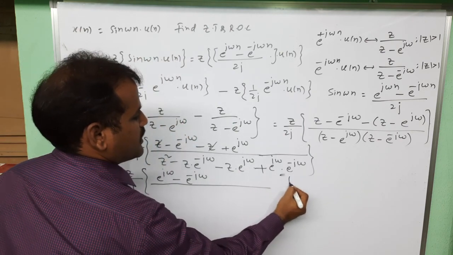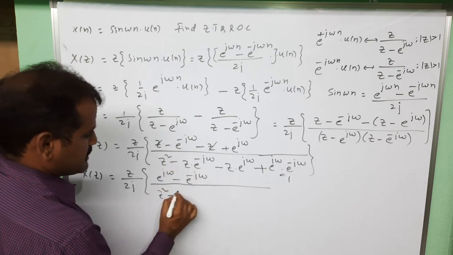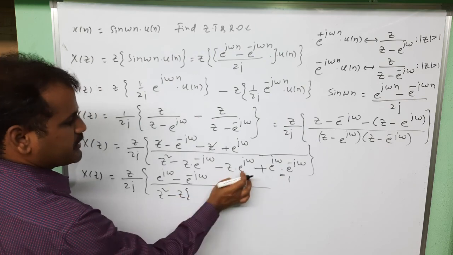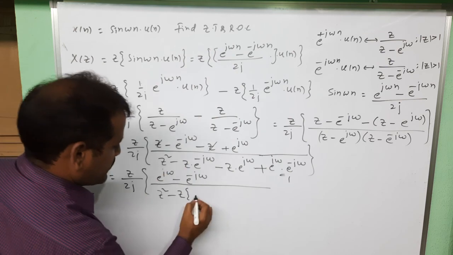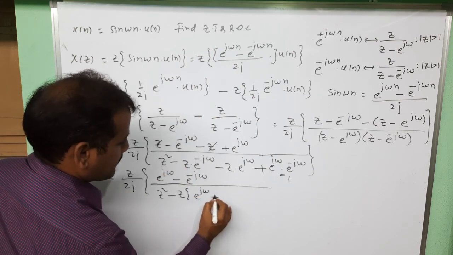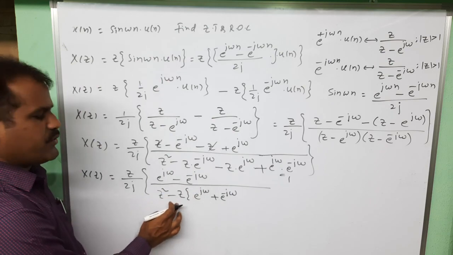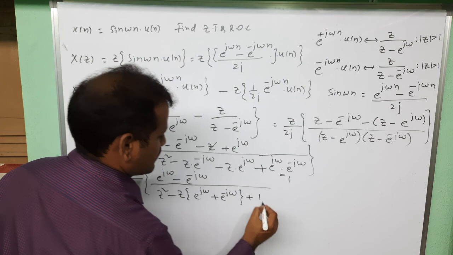This value is 1. So z square minus z, I am taking common from these two terms, so that what we get, e to the power of j omega and e to the power of minus j omega. See, minus z common, so that we will get plus sign here, and plus 1 is there, last term.